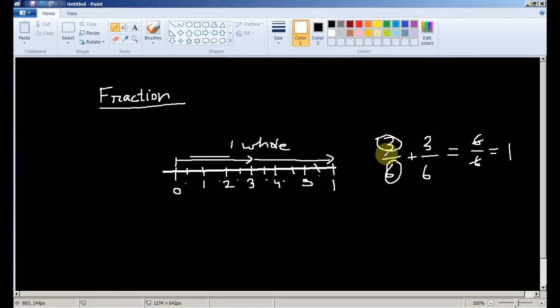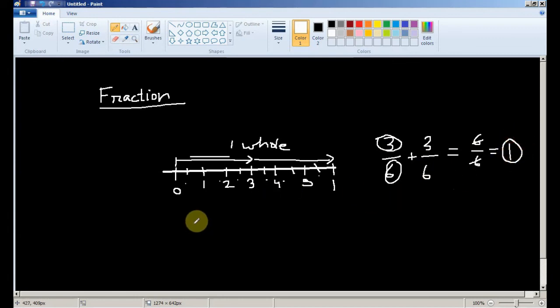Numerator over denominator is going to be your fraction. And if you count all of them, no matter how you count, since they are all equal parts, if you sum them together, you're going to get this 1 back.